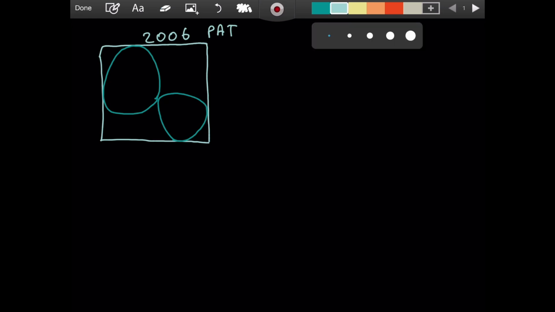So we have the first circle, and then we have the second circle. I know that the drawing looks absolutely horrible, and that's because of my drawing skills. But these are supposed to be circles, let's say that.